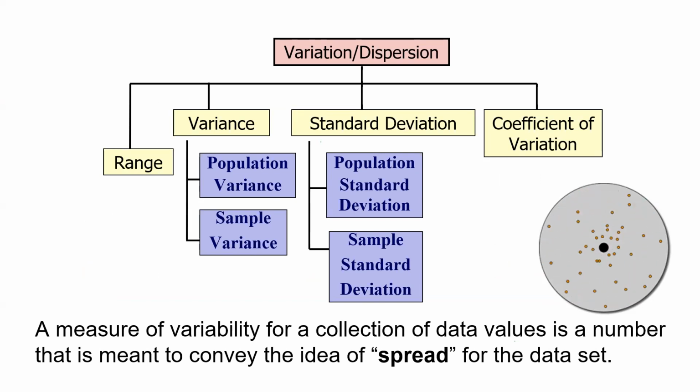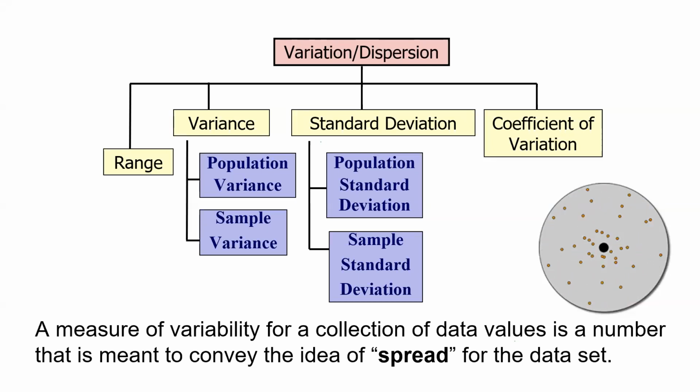And there are many measures to do that. But for now, we will discuss range, variance, standard deviation, and you have your population variance and sample variance as well. The same with standard deviation. So a measure of variability for a collection of data values is a number that is meant to convey the idea of spread for the data set.